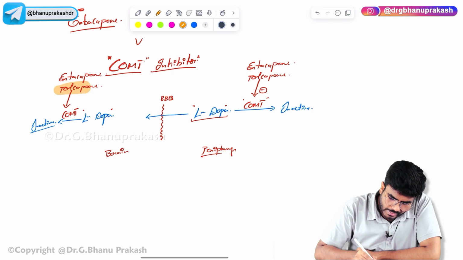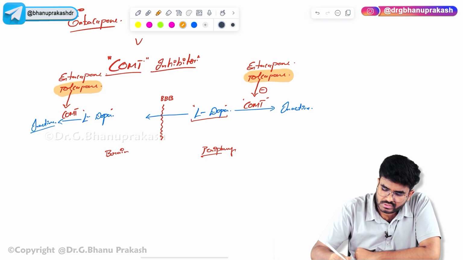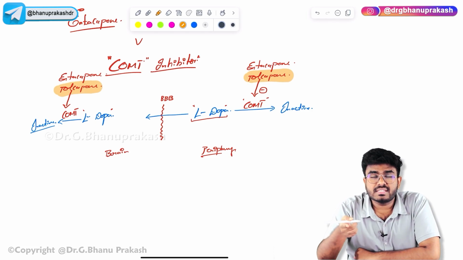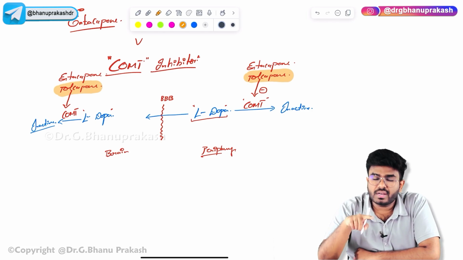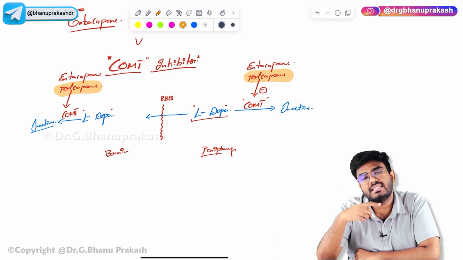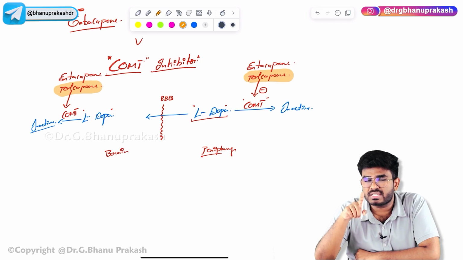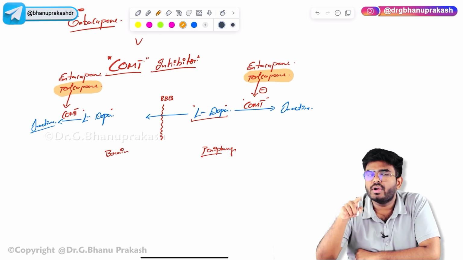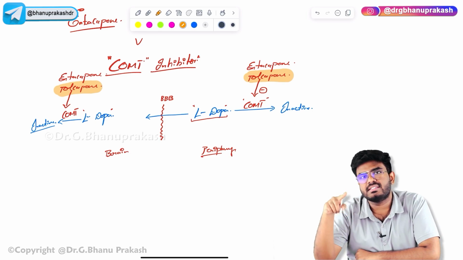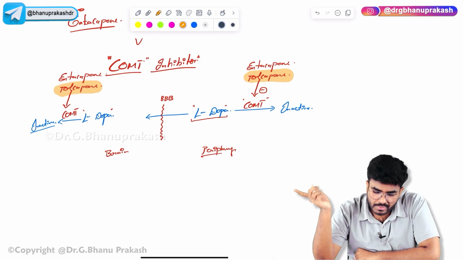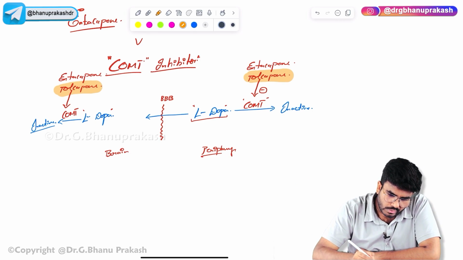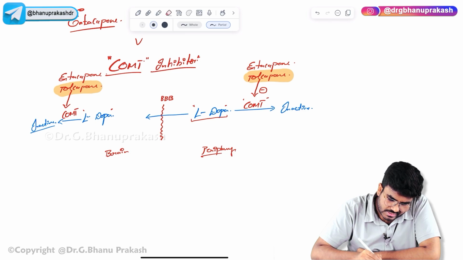Look, tolcapone inhibits both the peripheral COMT as well as the COMT in the central nervous system. Both peripheral and central COMT inhibitor, tolcapone. Remember, toll for total, both in the CNS as well as in the periphery. But entacapone works only in the periphery, not in the central nervous system.